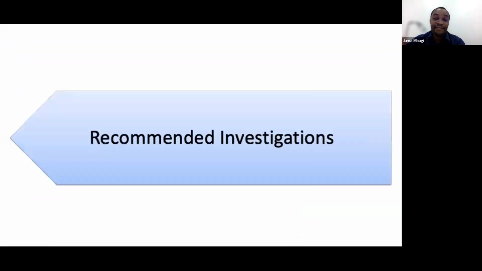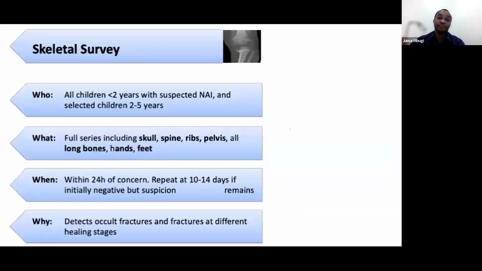What are the investigations to be done? First, skeletal survey. So in which patients do we do a skeletal survey? Usually it's recommended for all children less than 2 years with suspected non-accidental injury and selected children between 2 to 5 years.